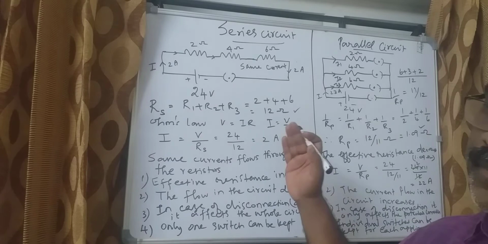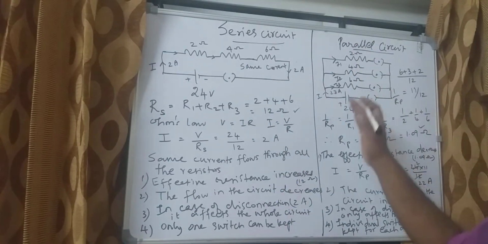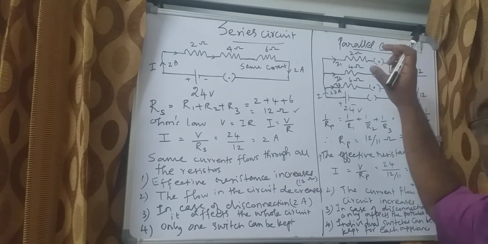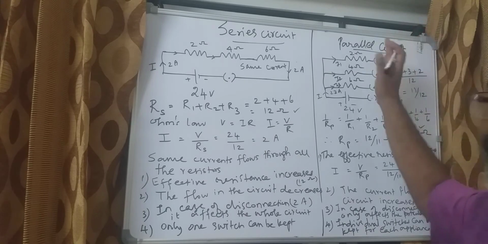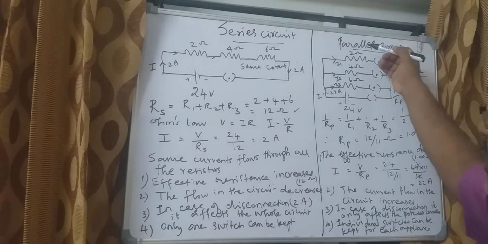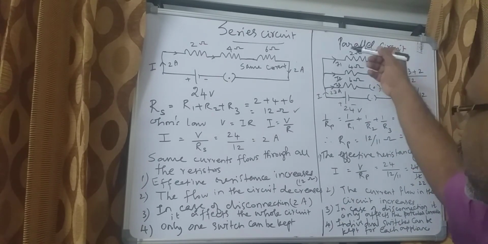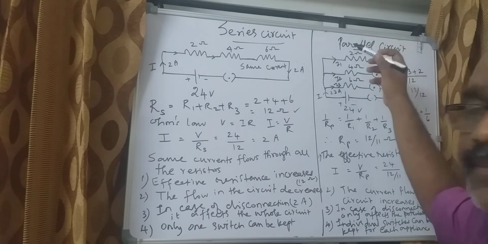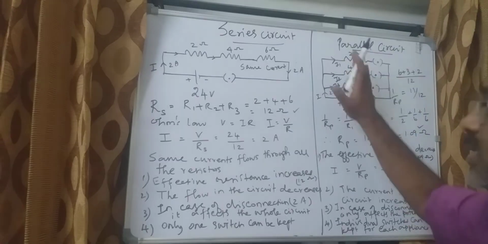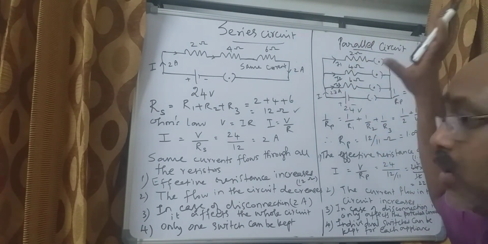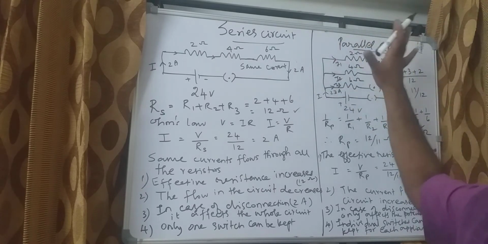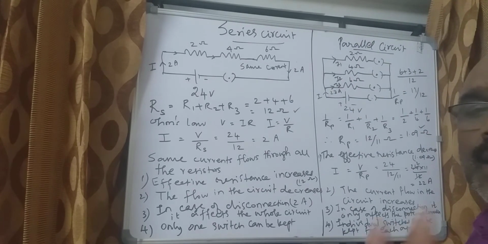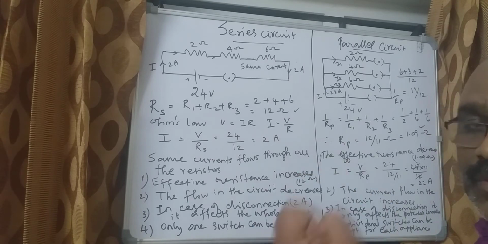That is why in household wiring we prefer the parallel circuiting. The parallel circuit has its own advantage. The main advantage of parallel circuiting is the effective resistance decreases. The whole circuit decreases the effective resistance, thereby it increases the current flow.